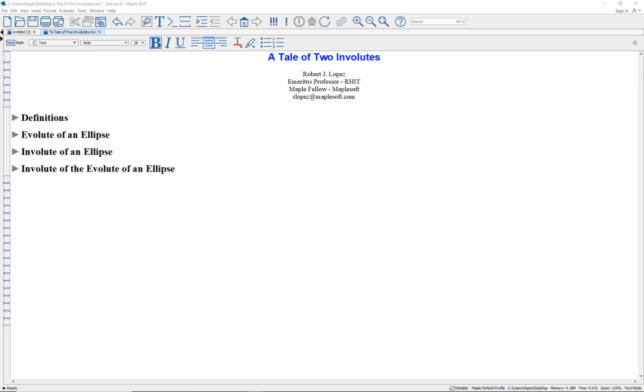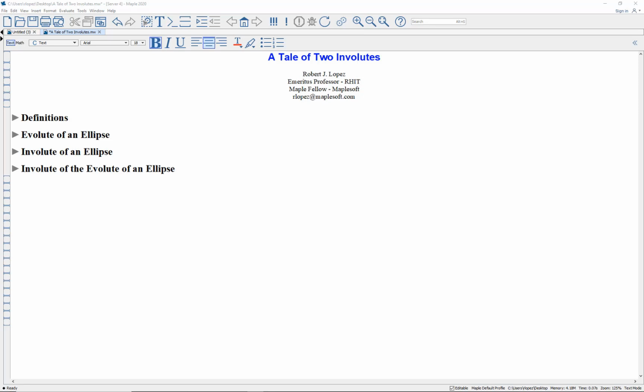It turns out that a curve has many involutes, and these form a family of parallel curves. So take a look at what it means to have a family of parallel curves. Then I'm finally ready to find the involute of the evolute of the ellipse. That's what I really started to look at when I began this study.